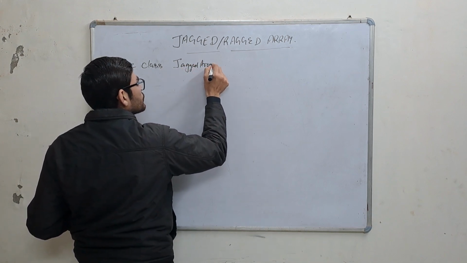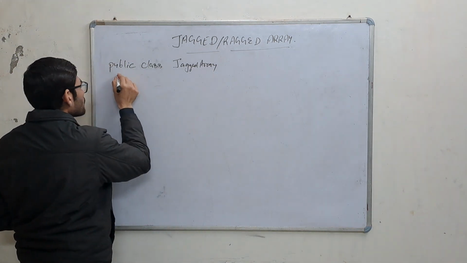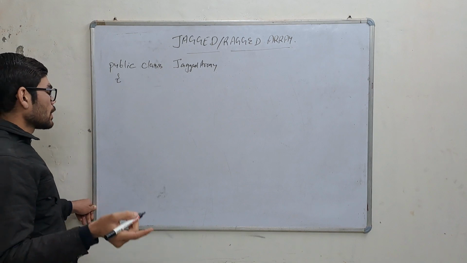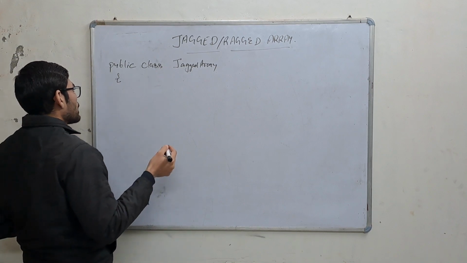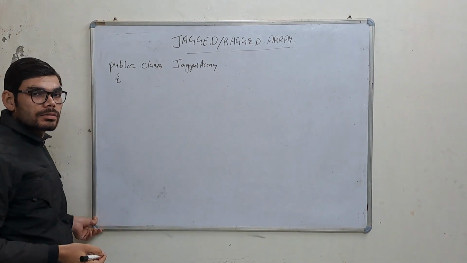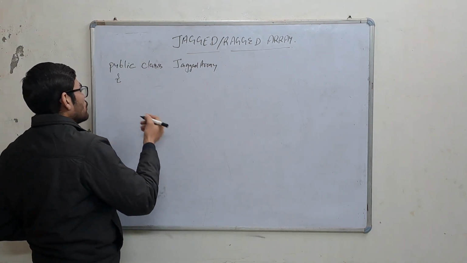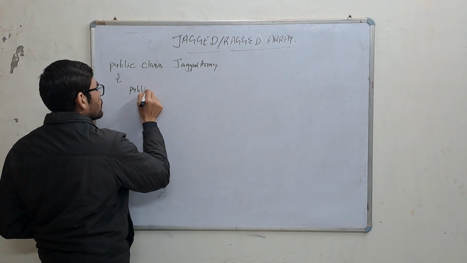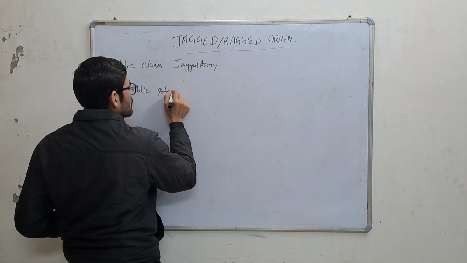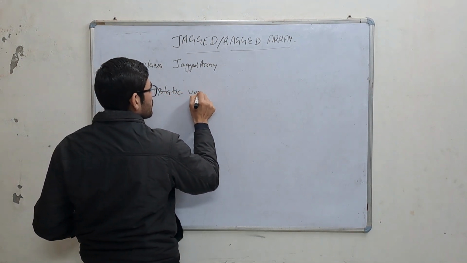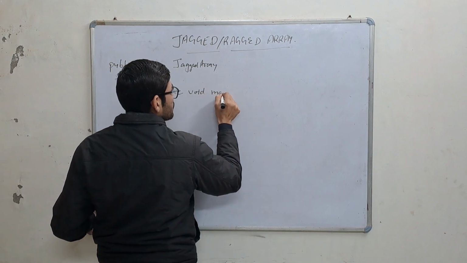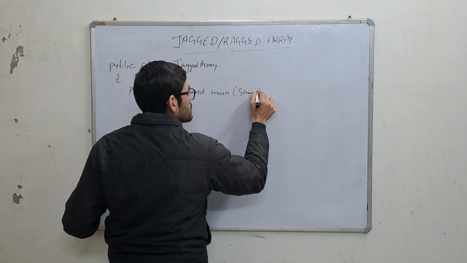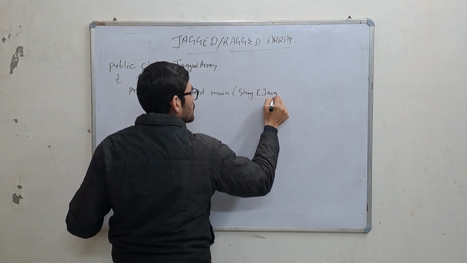Now in this, we all know that we have to maintain a main method to execute a class. So we will declare it public static void main and pass the argument String args.